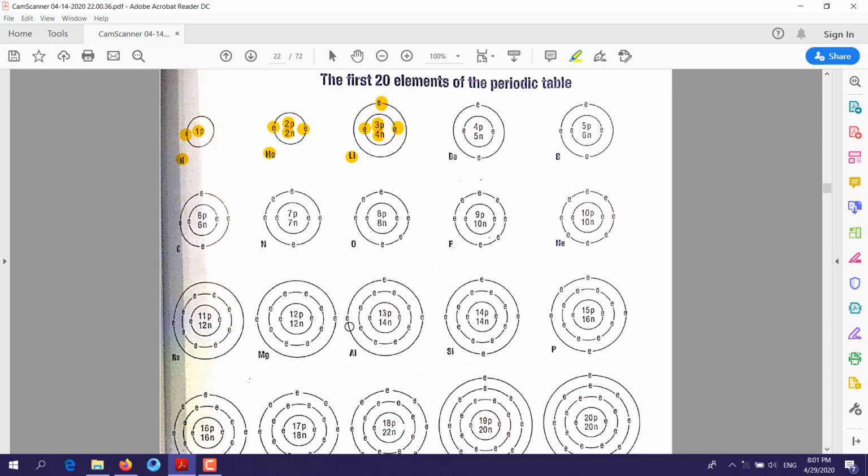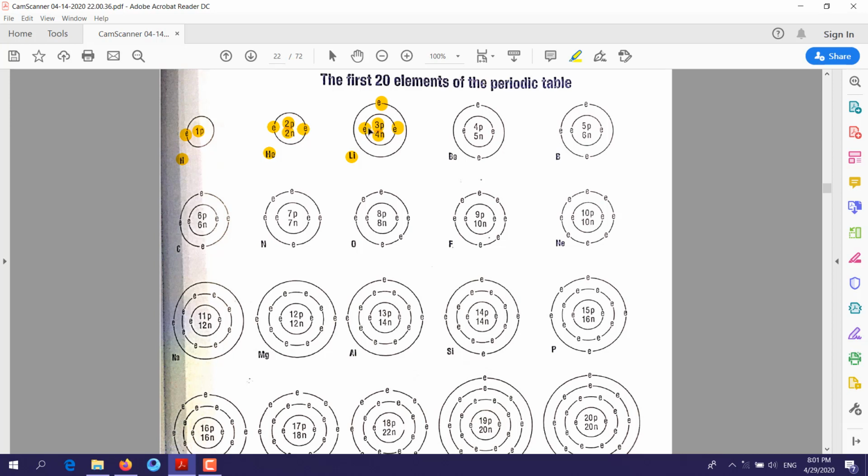Now, the second thing that you should focus on. Here, we had one electron, so we had only one orbit with one electron. Here, we have two electrons on one orbit. But here the number of electrons increased. Now it's 3. See what happened?